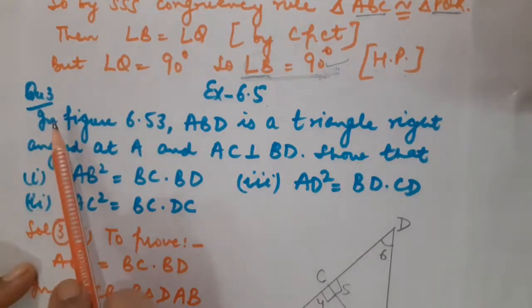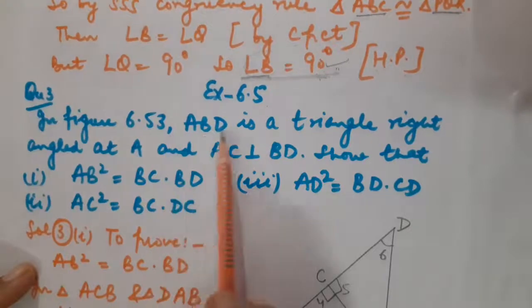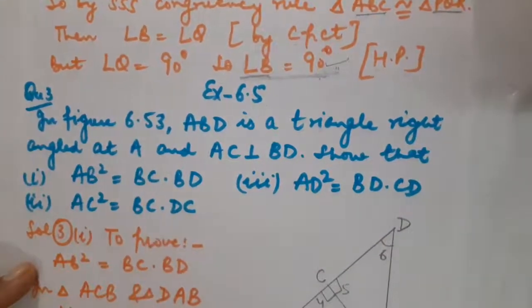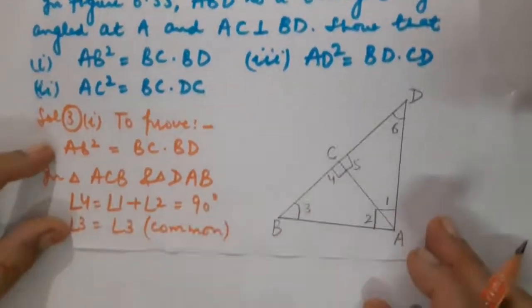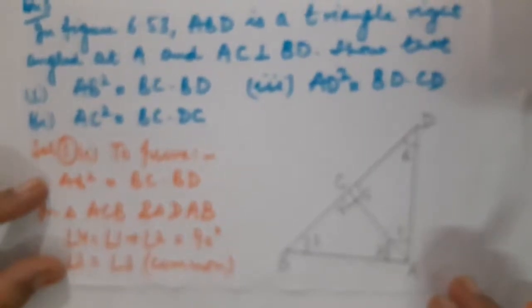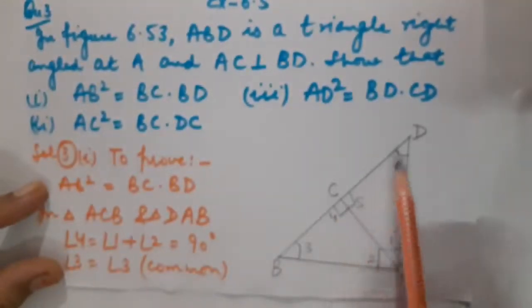Let us start with question number 3. In figure 6.53, ABD is a triangle right angled at A. Just look here. This is ABD. This is a right angled triangle, which is right angled at A. Got it? And AC is perpendicular to BD.